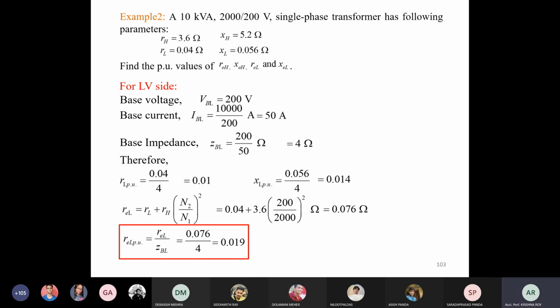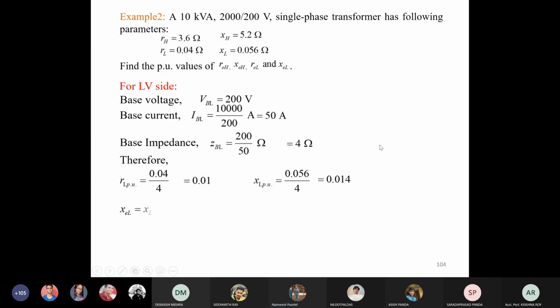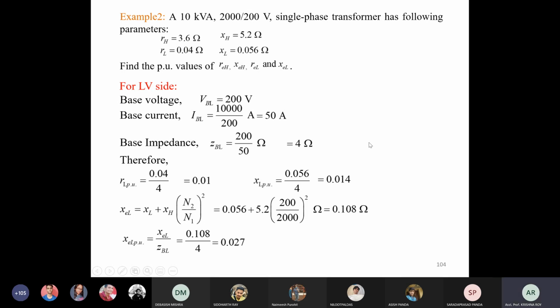Now similarly calculate XEL per unit. So 0.027. Let us see. Yes, 0.027.